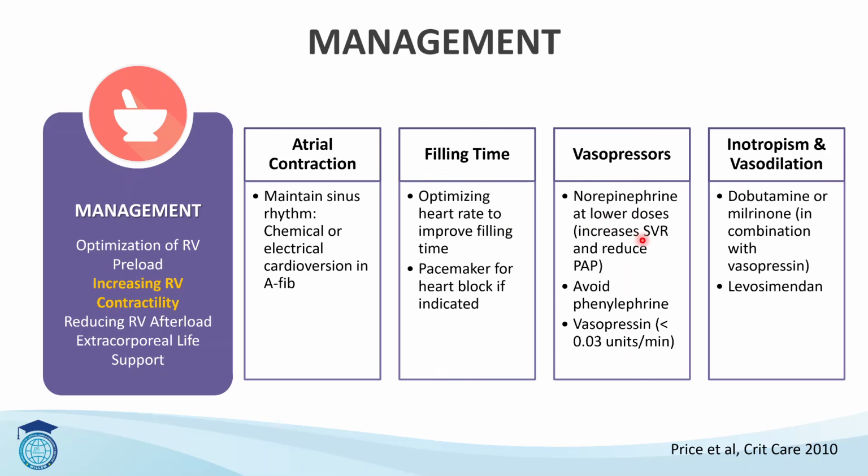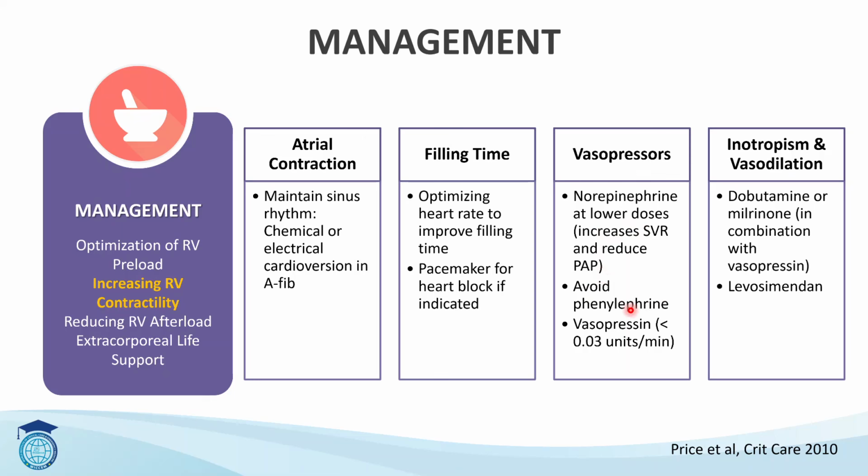Vasopressors would be needed for blood pressure improvement, and the preferred vasopressor would be norepinephrine, as it will increase systemic vascular resistance and reduce pulmonary artery pressure, but this is only at lower dosages. If you have to go up on the norepinephrine, at that time the pulmonary artery pressure may be elevated.